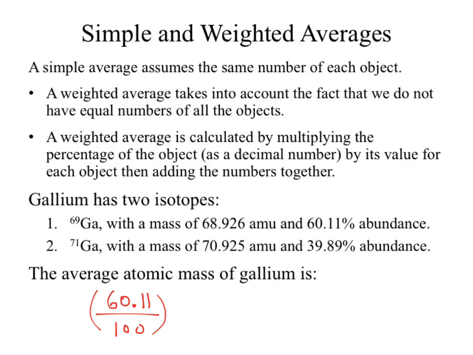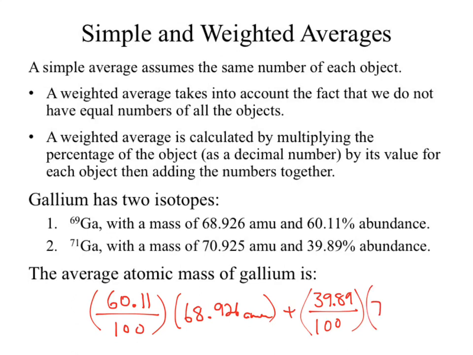What was the mass of gallium-69? 68.926 AMUs. Plus, what was the percent or the amount of times that gallium-71 showed up? 39.89 times in 100 sample times its mass, 70.925 AMU.